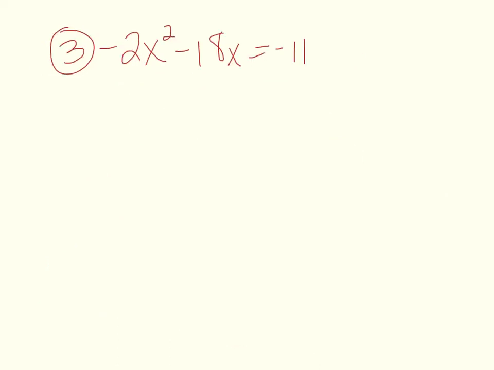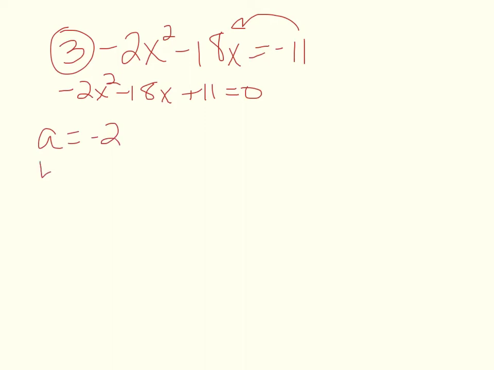Let's do one. This one's not solved for 0, so I need to make sure I move this over to the other side. So I have -2x squared minus 18x plus 11 equals 0. Make sure it's in order. A equals -2, B equals -18, and C equals 11. Again, I'll write my formula up here, all over 2a.